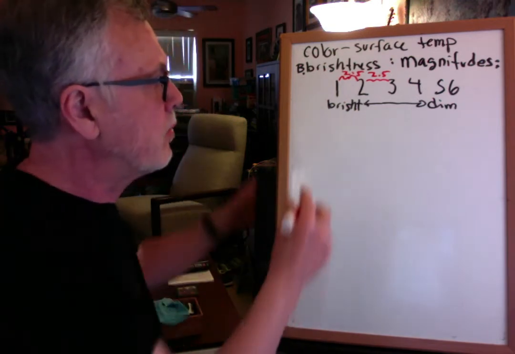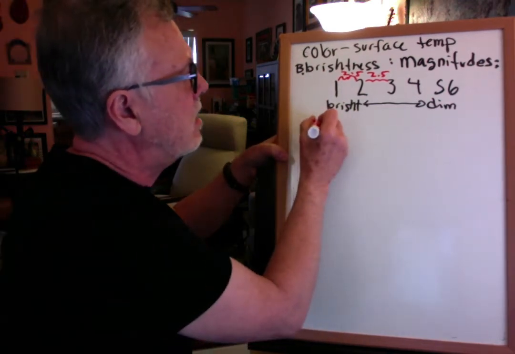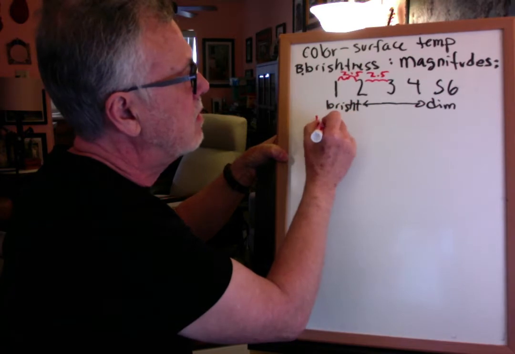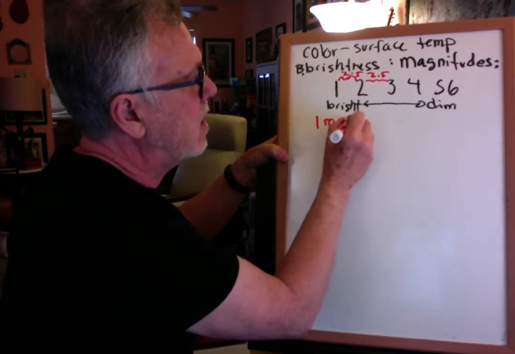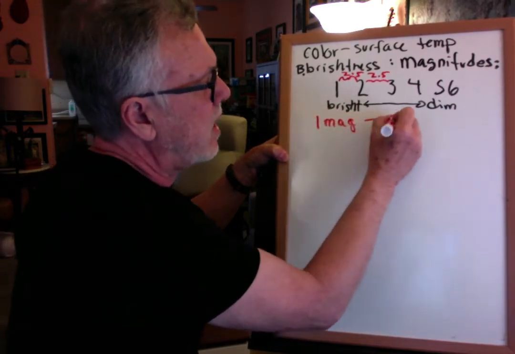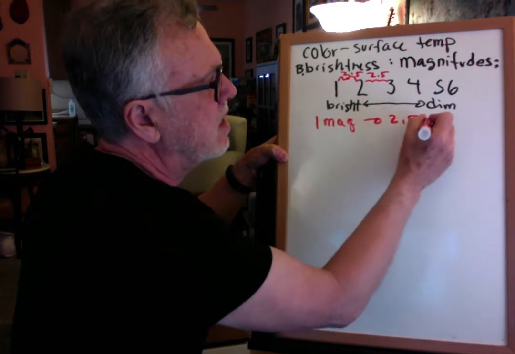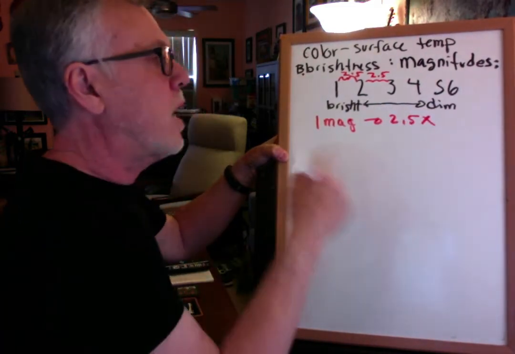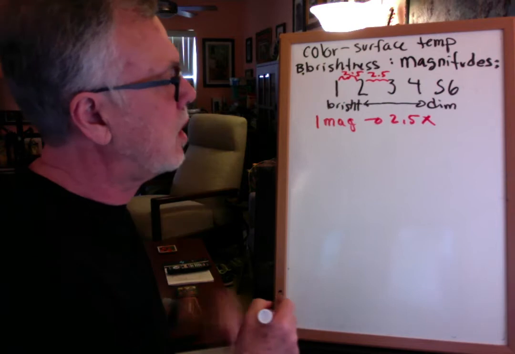The way that these numbers line up is that one magnitude in difference, again, is roughly a 2.5 times difference in brightness, either brighter or dimmer, depending on which number you talk about.